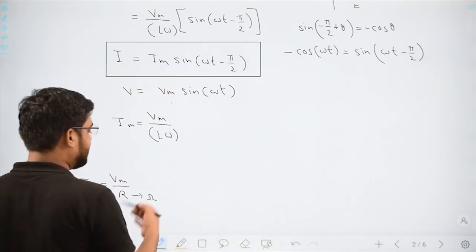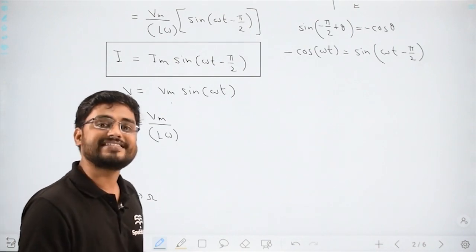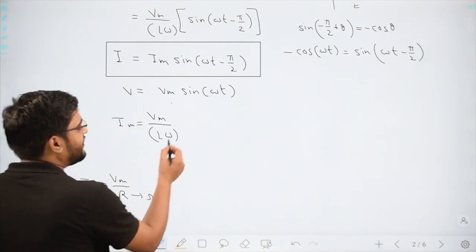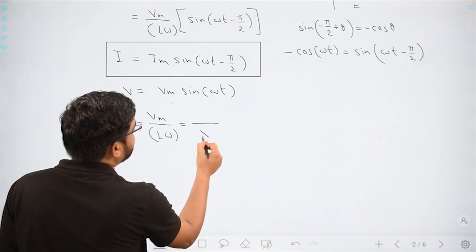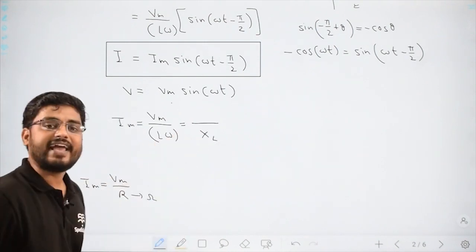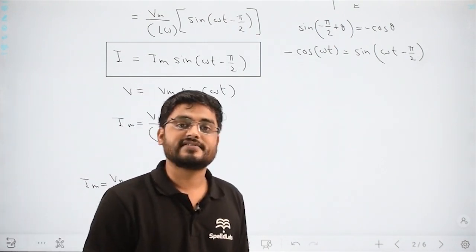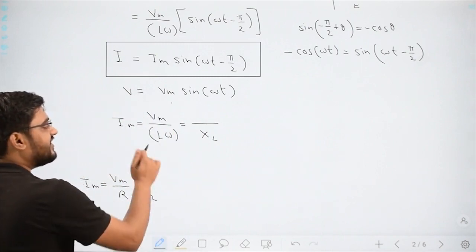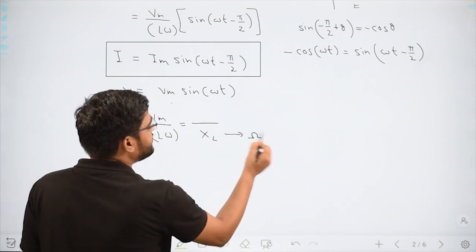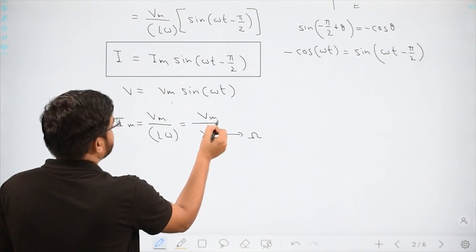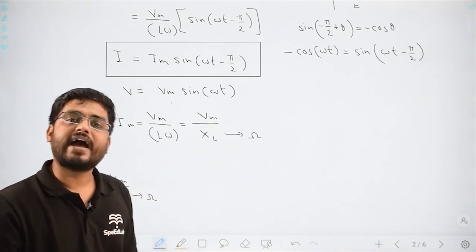Resistor offers resistance; similarly, inductor offers inductive reactance. We call it XL, that is inductive reactance. This is offered by inductors, and the SI unit of that is also ohm. So Im is nothing but Vm by XL.